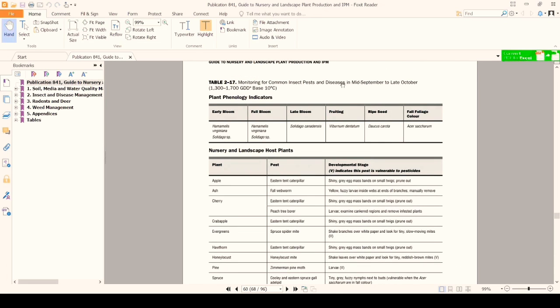Yeah, here it is. It's late September and early October, in the 1300 to 1700 growing degree days.